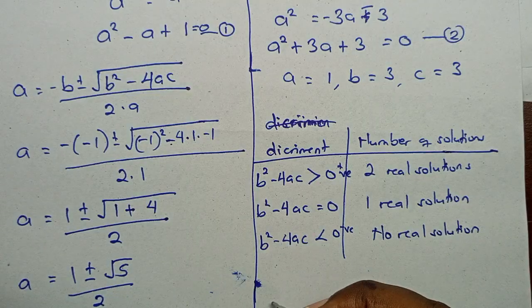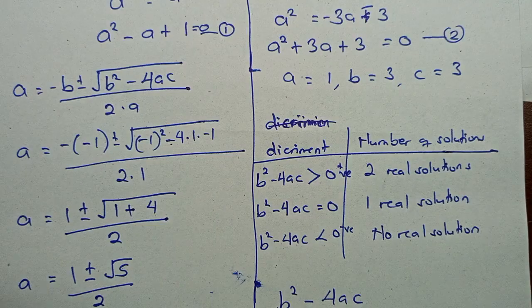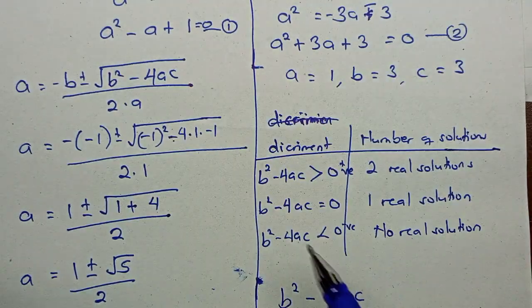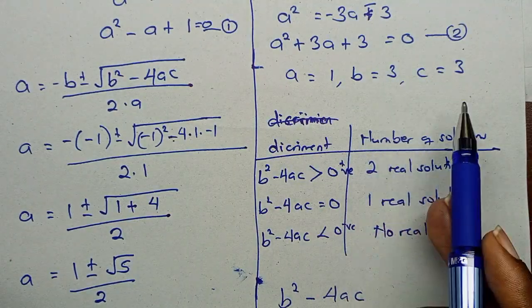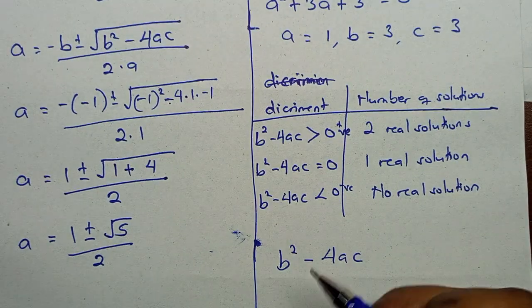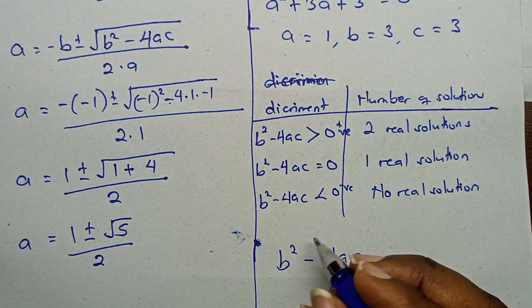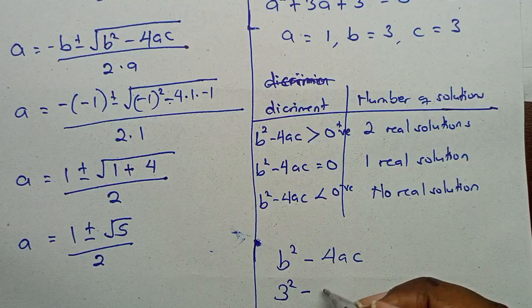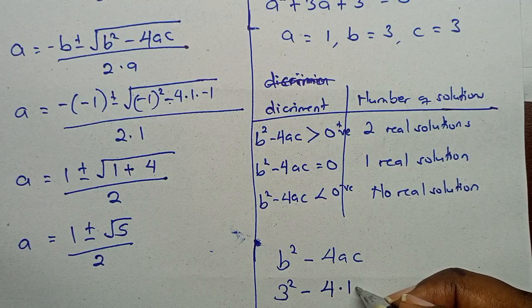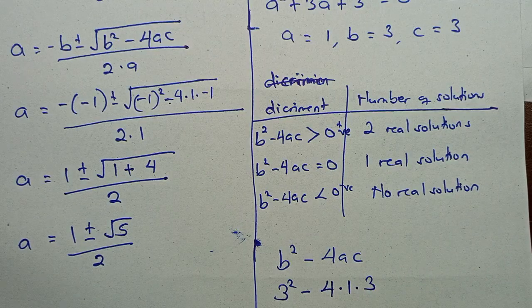So let us calculate the value of b squared minus 4ac and see what we get from these, where a is 1, b is 3, and c is 3. Therefore, b is 3, so 3 squared minus 4 times 1 times c, which is 3. So we have 9 minus 4 times 1 times 3 is 12, which gives us an answer which is negative 3.